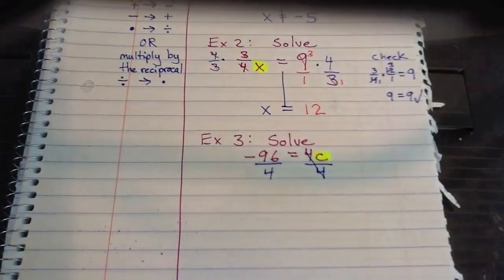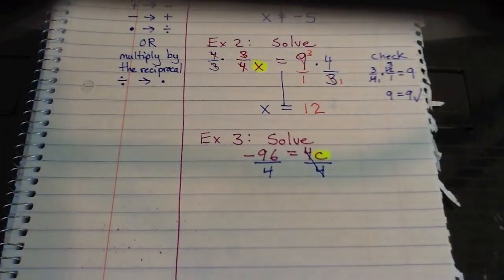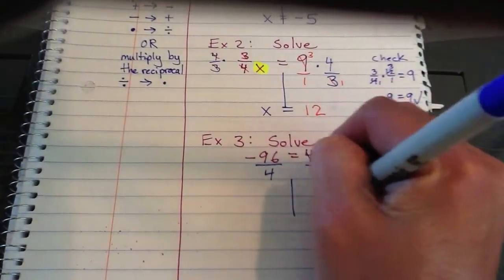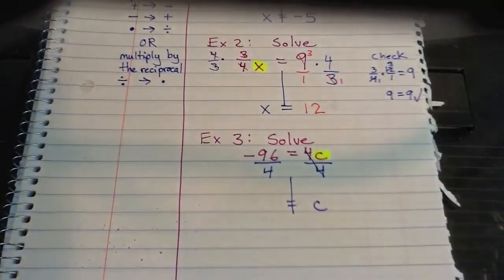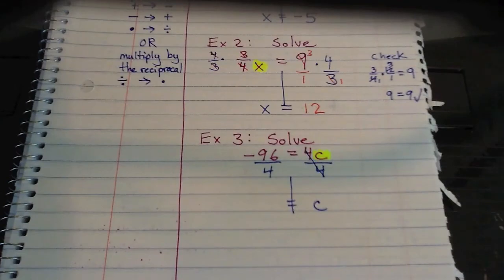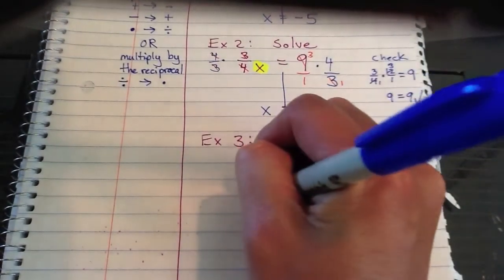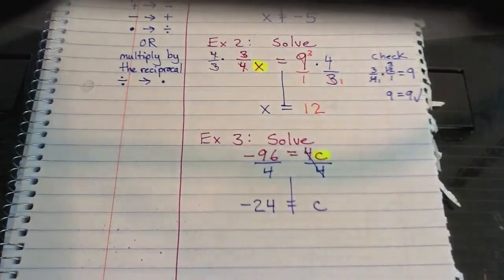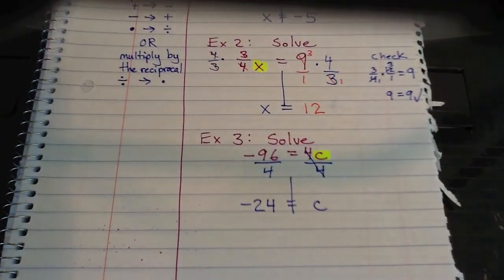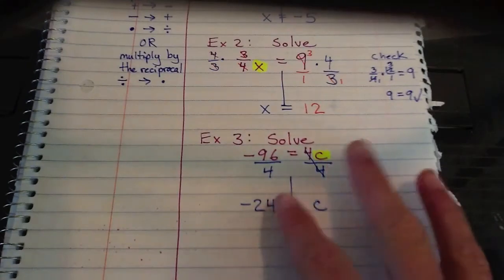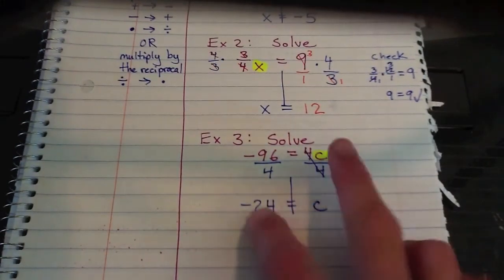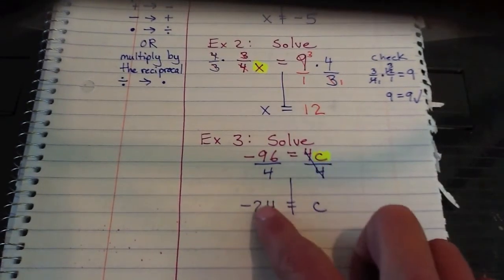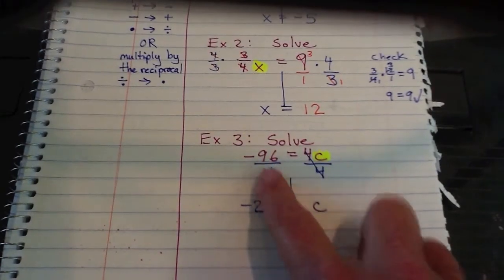4 has become a 1, not a 0. If it was a 0, you would have nothing there. C comes down, equals, I have a negative divided by a positive, so it's a negative. I do the division and I get negative 24. And then I'm just going to go through this quickly, but in order to check it, negative 24 times 4 is a negative 96.